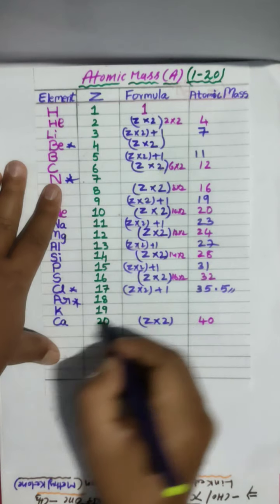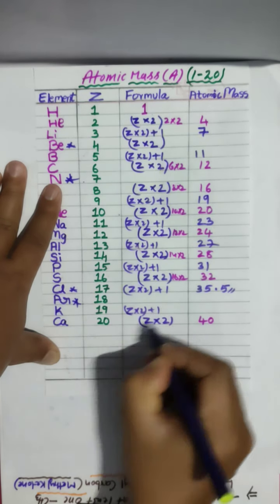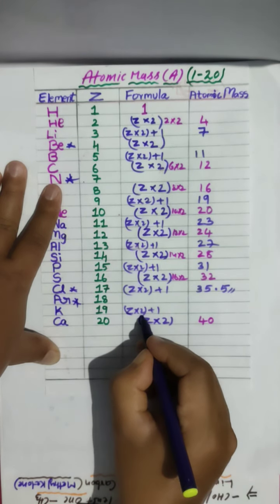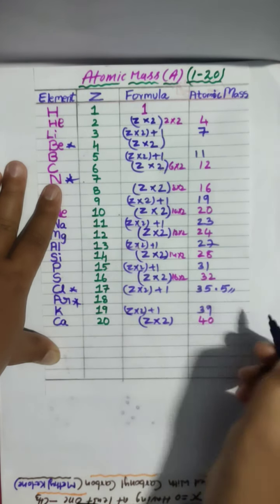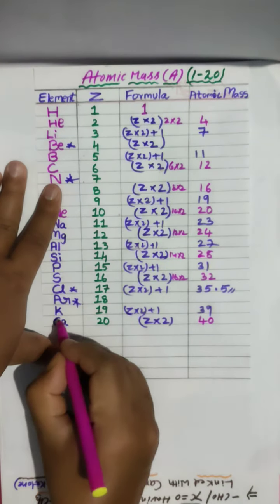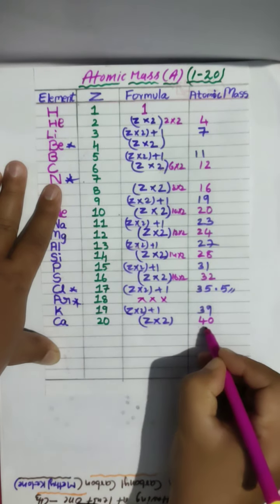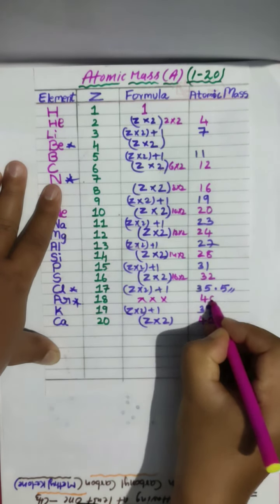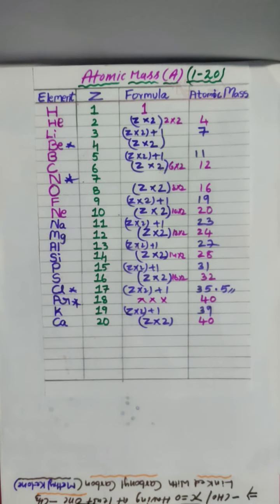Potassium, Z into 2 plus 1, 19 into 2, 38, plus 1, 39. Now the exception case, argon. Calcium and argon have the same atomic mass.